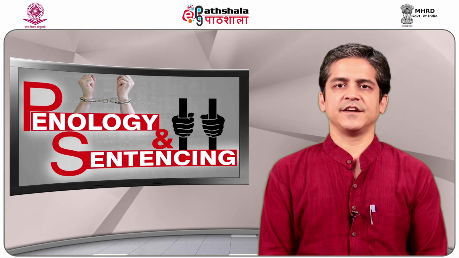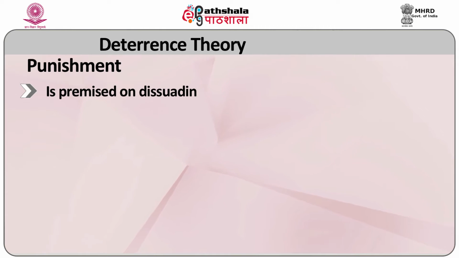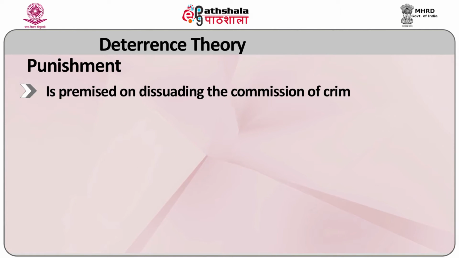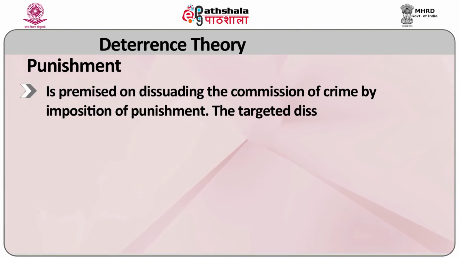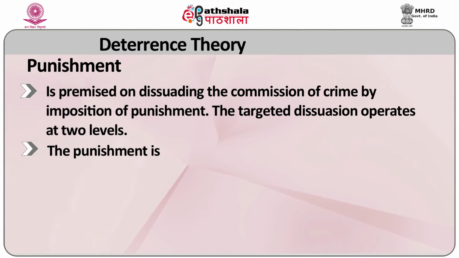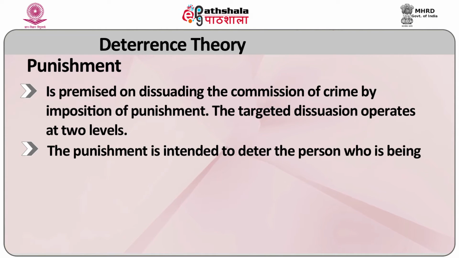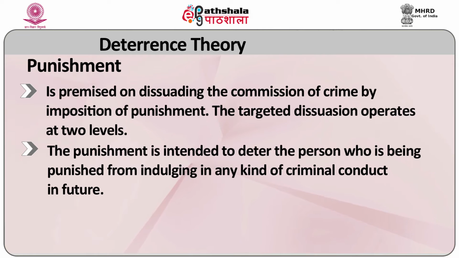We'll start our discussion with Deterrence Theory of punishment. The Deterrence Theory of punishment is premised on dissuading the commission of crime by imposition of punishment. The targeted dissuasion operates at two levels. Firstly, the punishment is intended to deter the person who is being punished from indulging in any kind of criminal conduct in future.